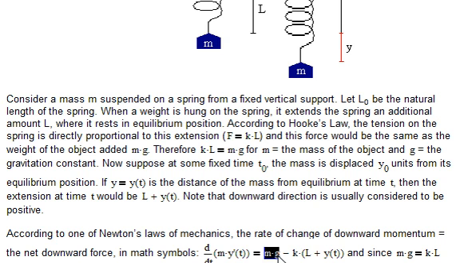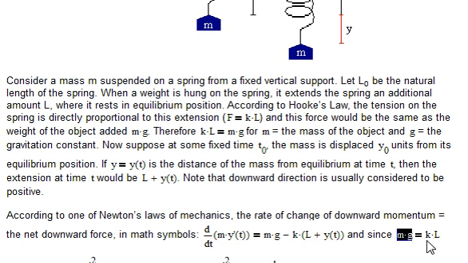Well, that would be the weight minus a constant times the extension plus y of t, whatever y of t is at the time. But since our mass times gravity is k times L, put KL in here, and it'll subtract off with this KL.